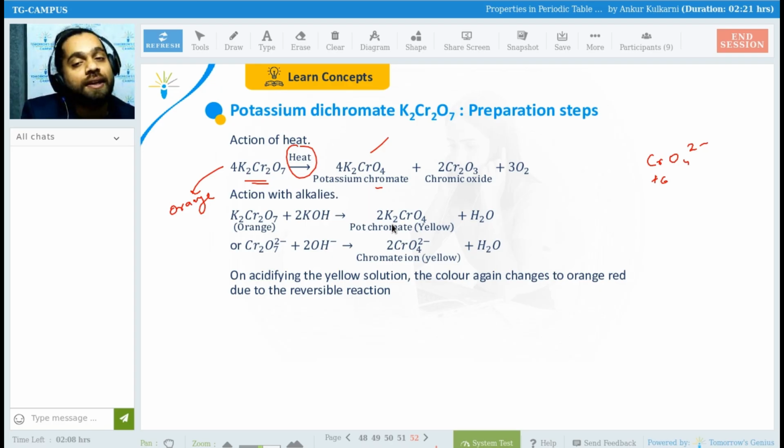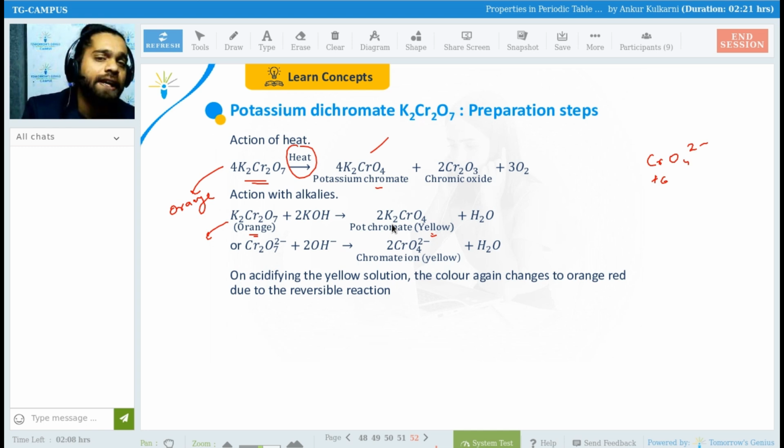So remember that potassium chromate is yellow and dichromate is orange in color. I have told you to remember it. Not to make fun of Kevin. I want you to remember potassium dichromate is orange in color. Write it down if you want: chromate is yellow, dichromate is orange.